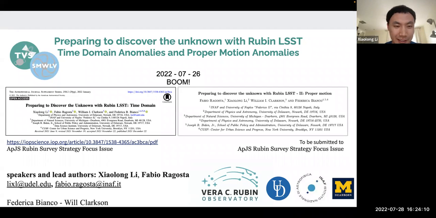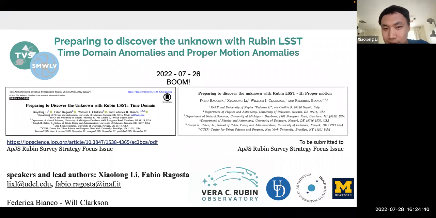Thanks again for having me. As we are making preparations for the Rubin LSST, perhaps the most exciting thing is Rubin's ability to discover new phenomena, phenomena we have never seen before. Rubin's ability to make those discoveries will depend on its observing strategy.